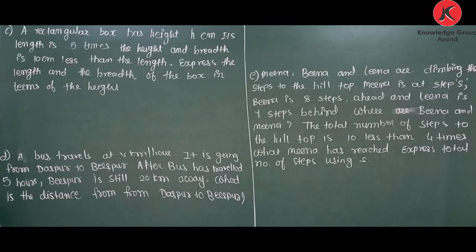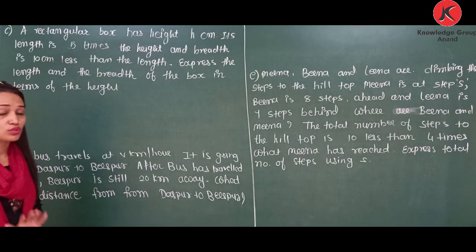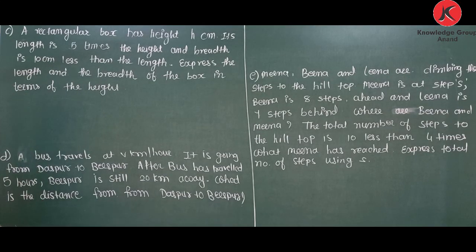Now next statement: a rectangular box has height x centimeters. Its length is 5 times the height and breadth is 10 centimeters less than length. Express the length and breadth of the box in terms of height. Whenever a statement is given, read it two times so it will be clear how to form the expression.